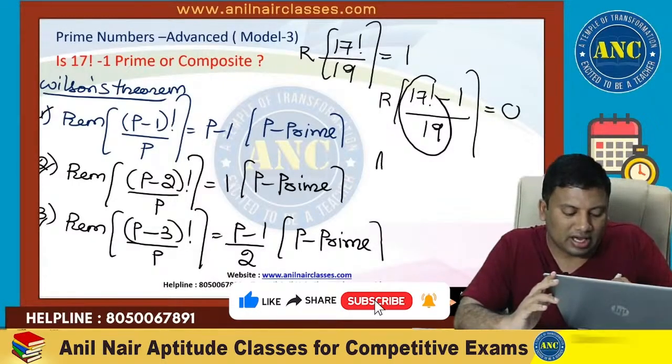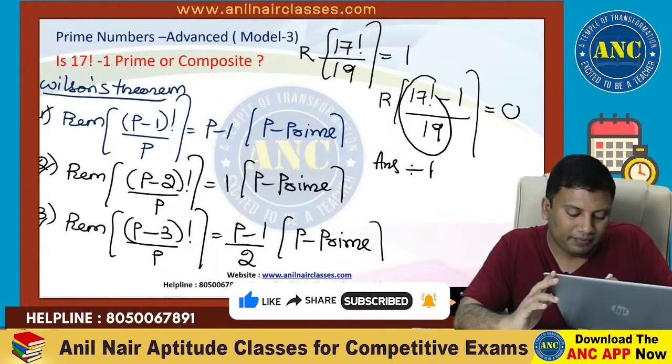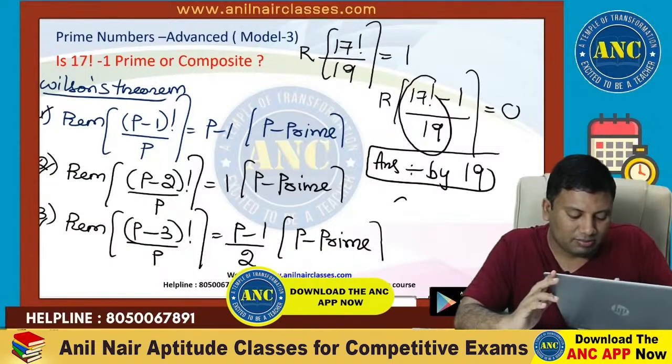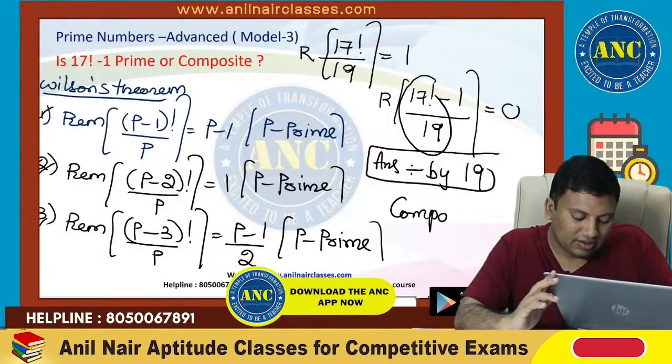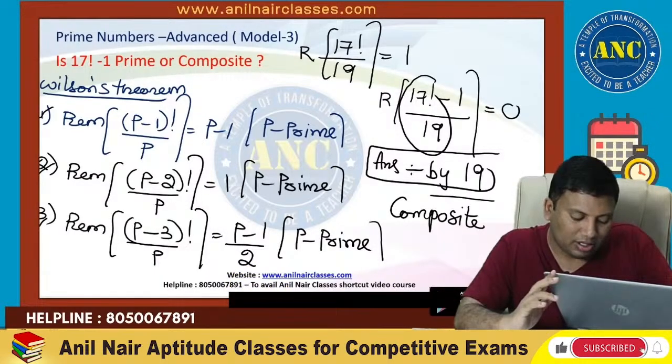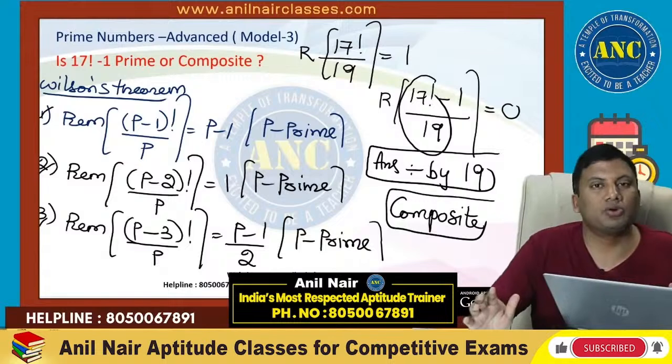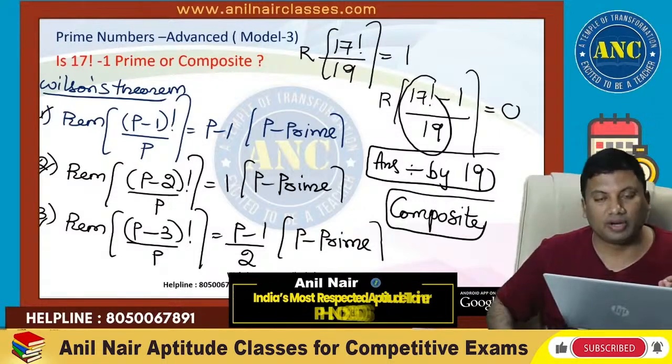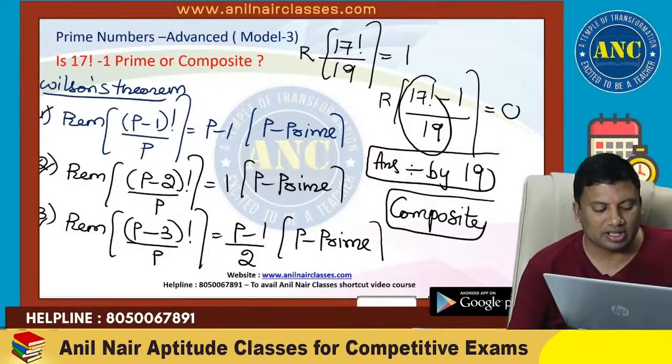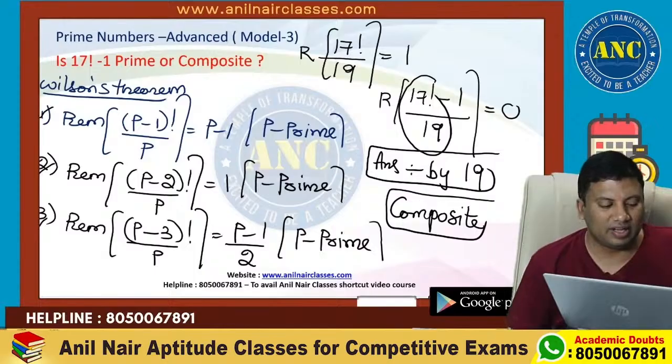That means the answer is divisible by 19. If it is divisible by 19, the answer will be a composite number. Very, very good question. Once you understand the question, the idea is very, very easy.